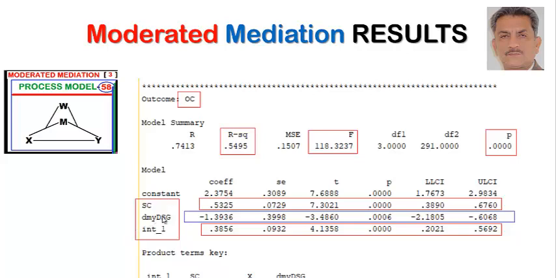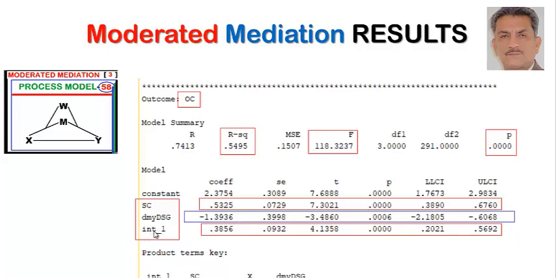Then comes the designation. The designation also has a significant relationship with organizational culture, with a huge coefficient, a t-score of 3.4, and a significant p-value, as are the lower and upper limits of the confidence interval, but the relationship is negative.